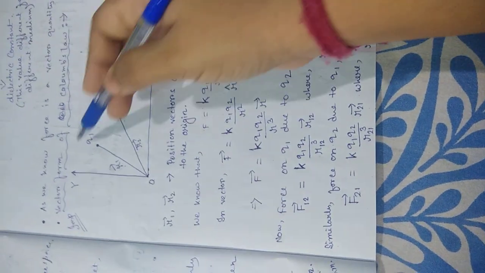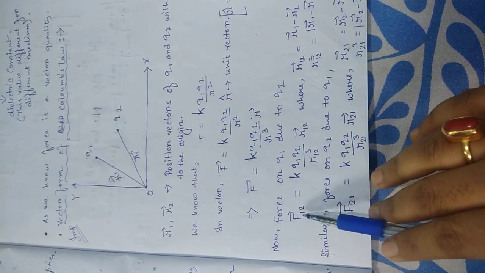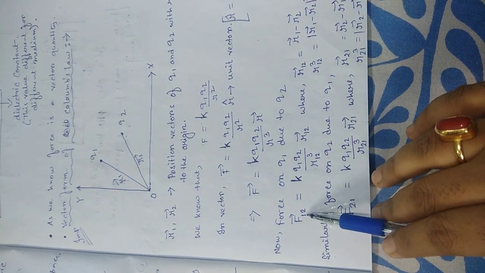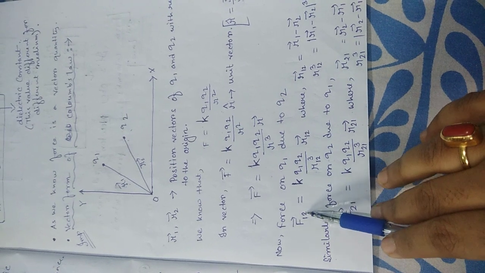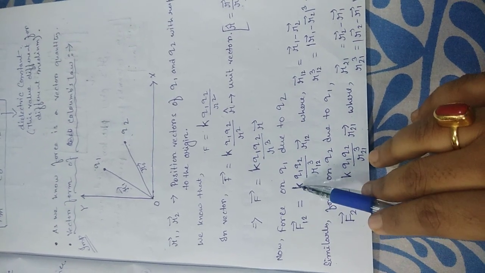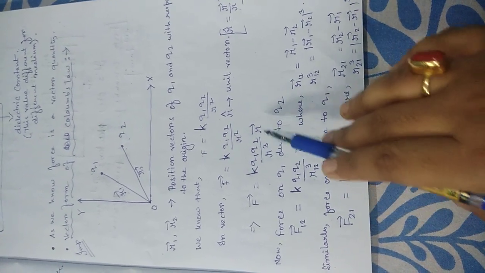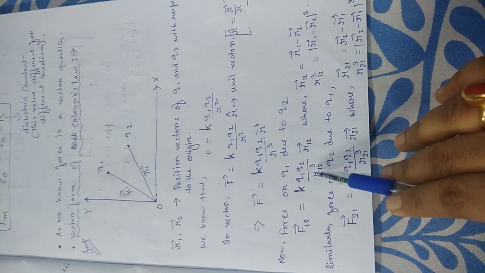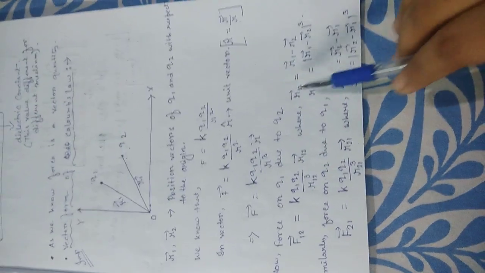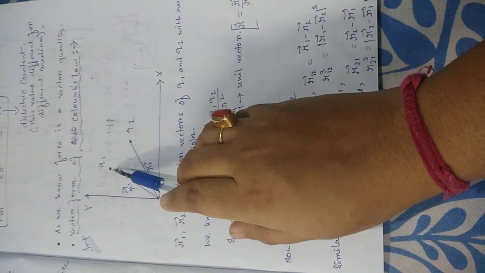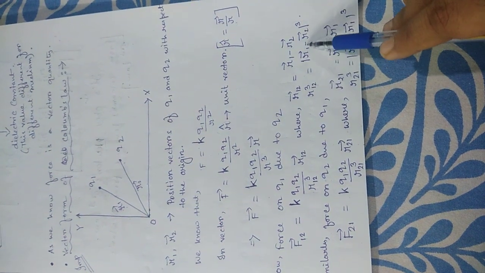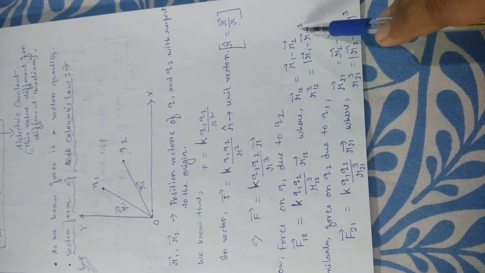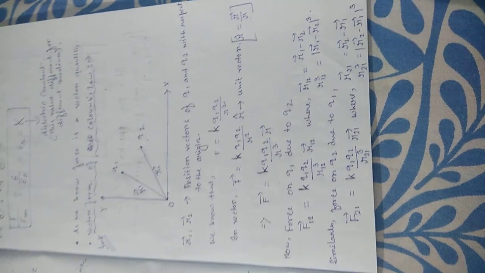We first write 1, then due to q2 we write 2. So F12 equals k q1 q2 r12 vector by r12 cube, where r12 means r1 minus r2, and r12 cube equals mod of r1 minus r2, whole cube.